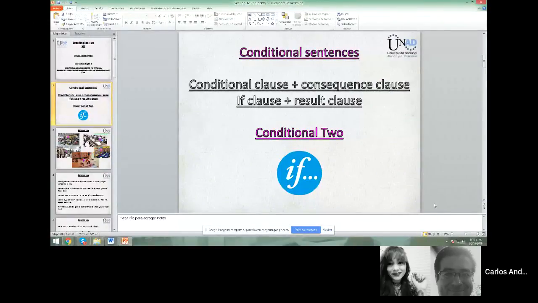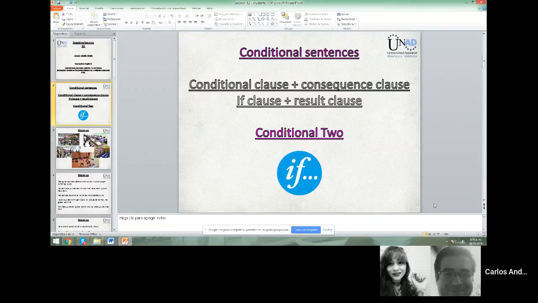Some classes before, like 1 week or two ago, we learned about the zero and the first conditional. Today we are going to approach the conditional sentences again, and we are going to focus on conditional two. It is basically the same. The structure is very similar.